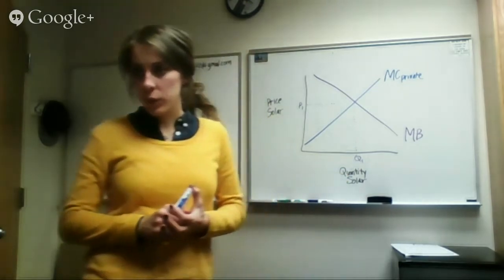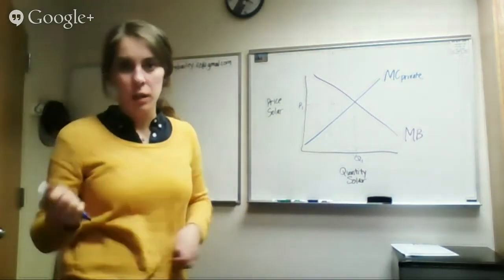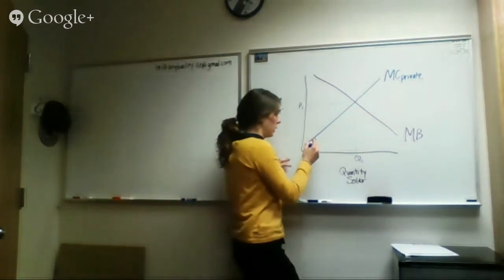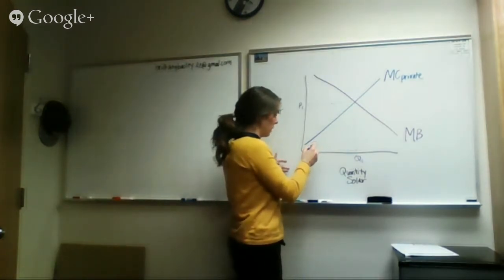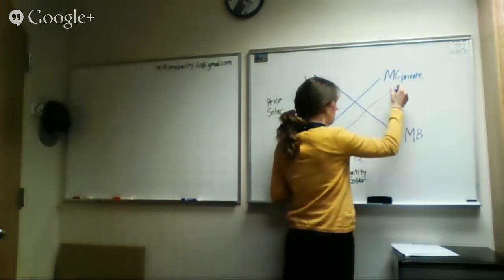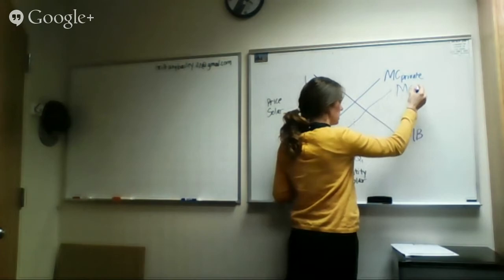The government is going to provide a subsidy, which is going to bring down the marginal cost for those producers. So I'm just going to shift this marginal cost curve down.